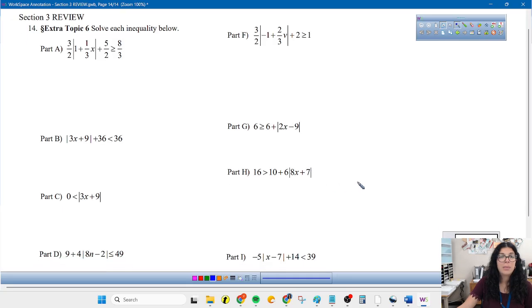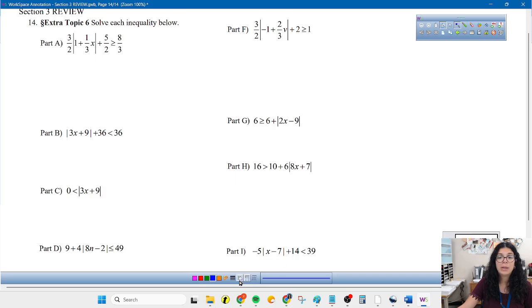Last one, number 14. Okay, we're going to go ahead and solve these inequalities. On the one on the left, I have to go ahead and isolate the absolute value first. So I'm going to go ahead and subtract by 5 over 2, which I need a common denominator for, so I'll have to multiply this one by 2 and multiply this one by 3.